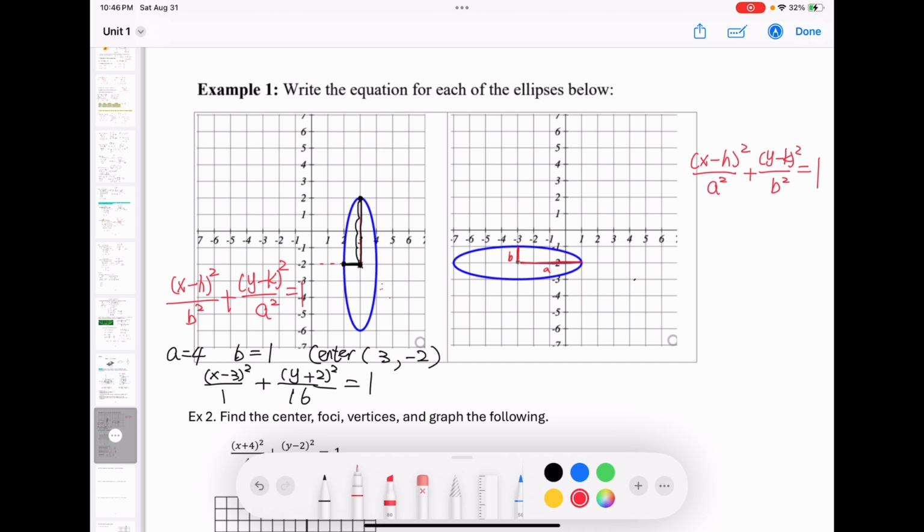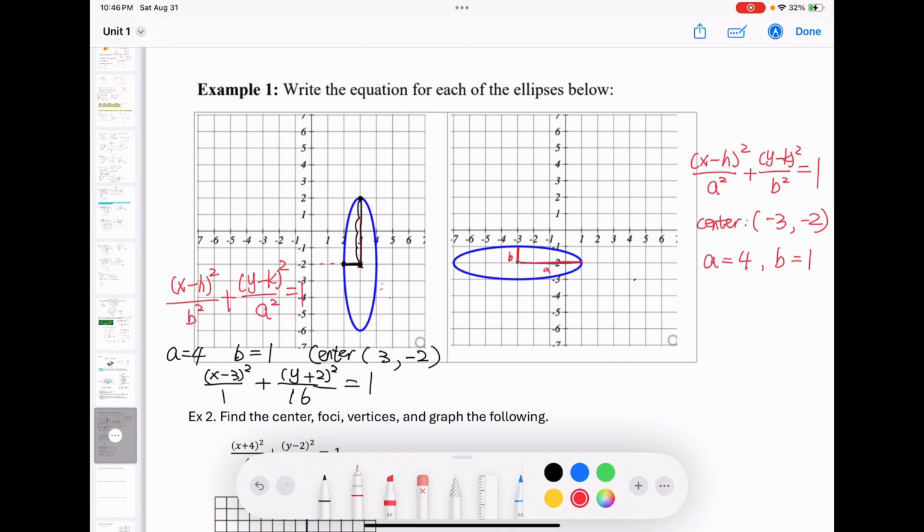Okay, what is the center? The center is negative 3, comma, negative 2. No mistake. And what is a? I put the a and b on the graph. For a, we just count: 1, 2, 3, 4. A is equal to 4. And b is 1.